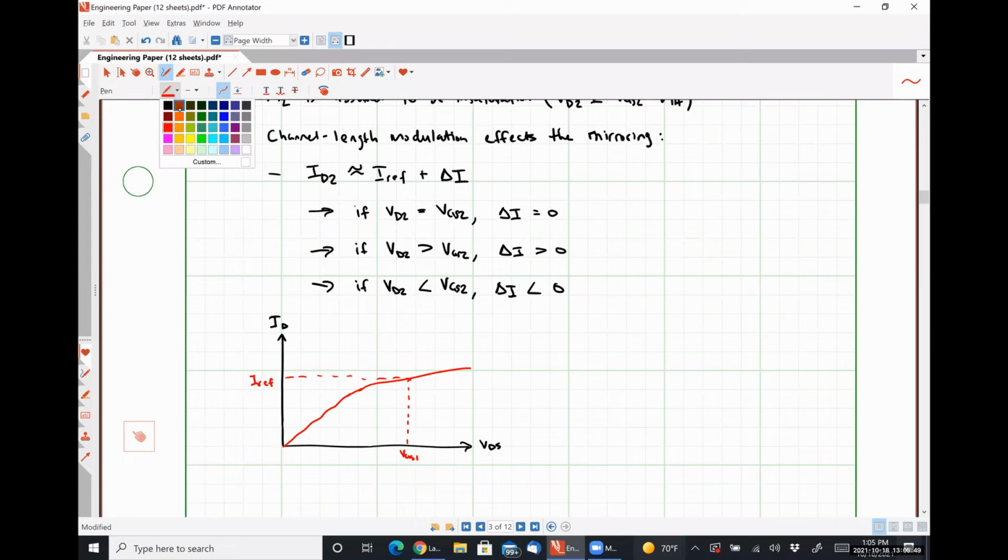Now, let's say that transistor M2 operated here. So it has a VDS value that is larger than VGS1.